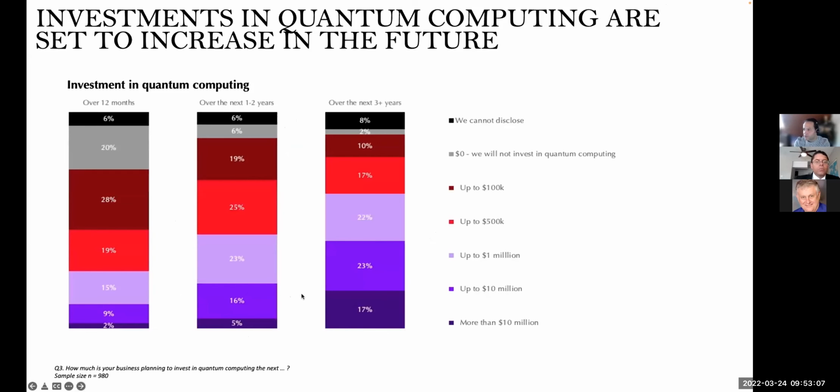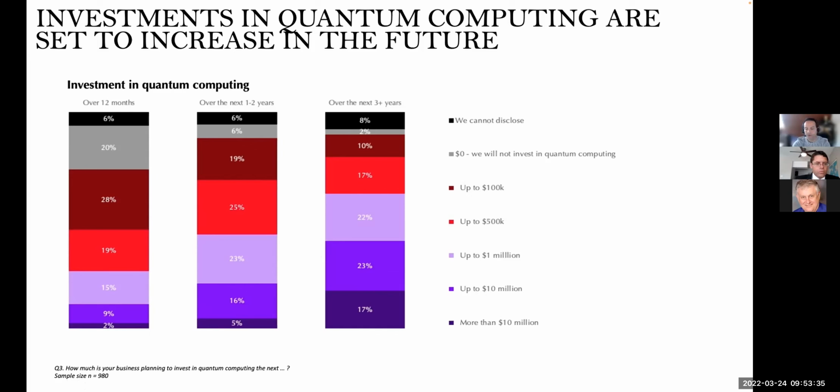The type of investment that's right now going into quantum computing is obviously going to increase, but if you look at the kind of growth, the companies with over 10 million a year investment are going to grow significantly in the next 1 to 2 years and 2 to 3 years. So we're talking more and more money coming in. This goes into recruiting qualified people, which creates job opportunities.